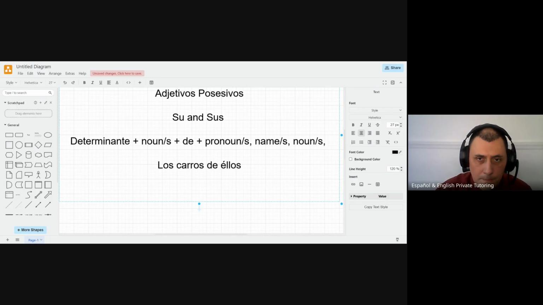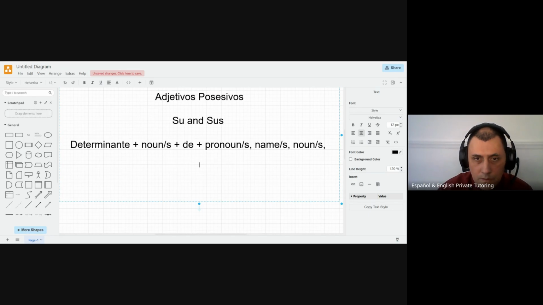So this is a more complete version of the formula, which is the same in English. In English, you can say Carla and Juan's cars. You can say Carla and Juan's car. Okay.